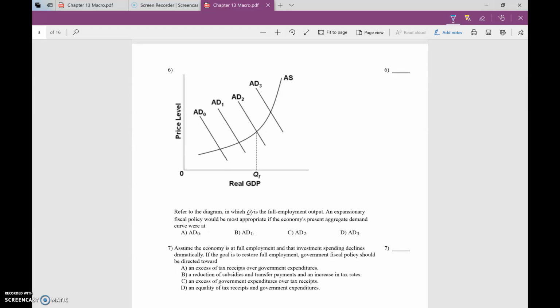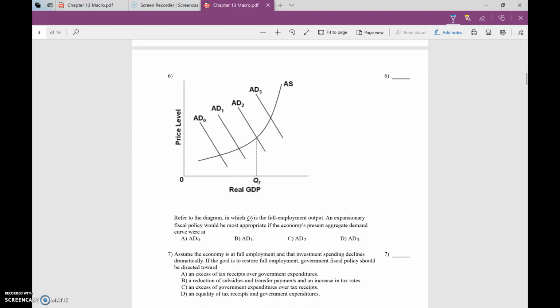Now they're asking us question number 6. QF is the full employment output. An expansionary fiscal policy is most appropriate when the real gross domestic product is less than full employment output QF.